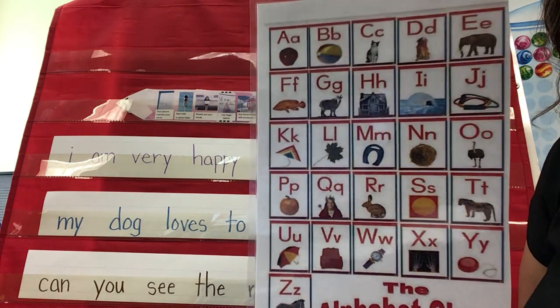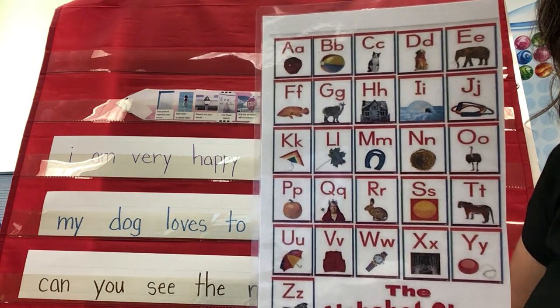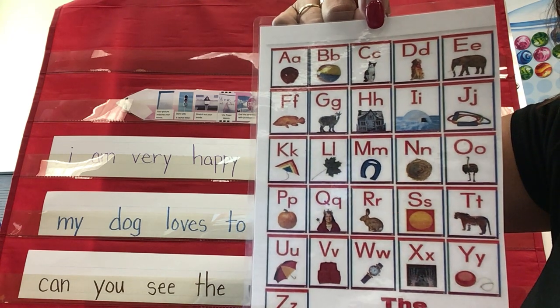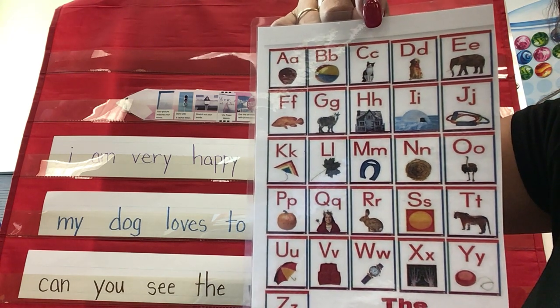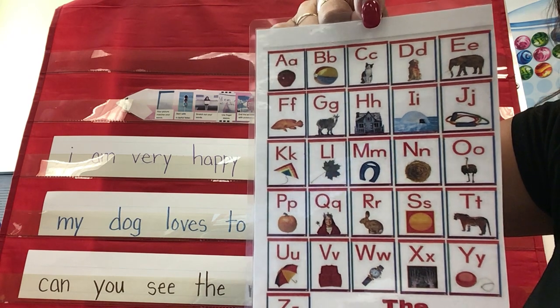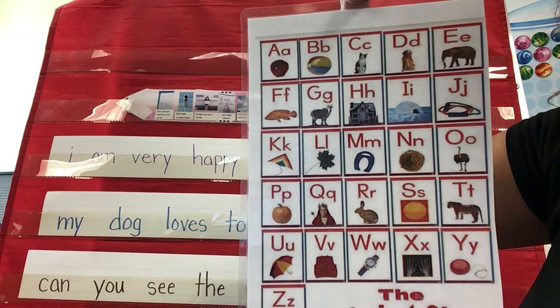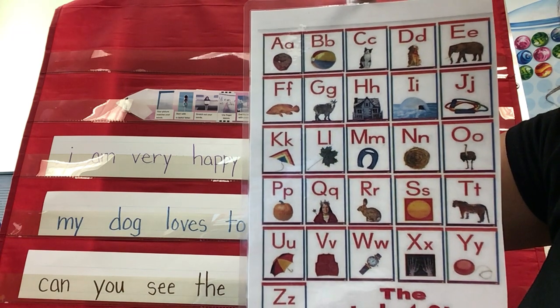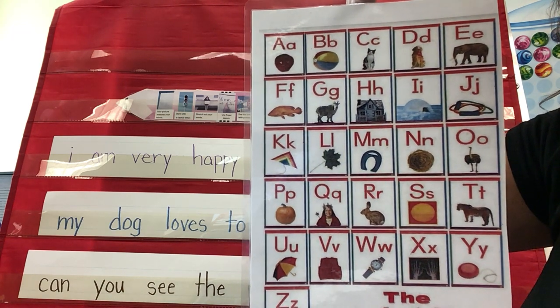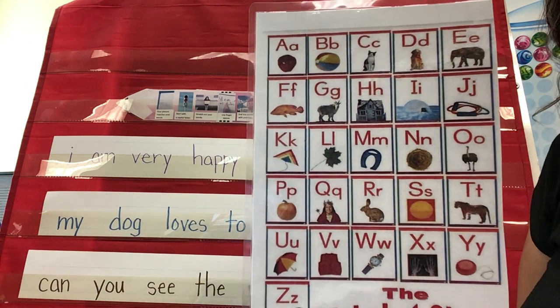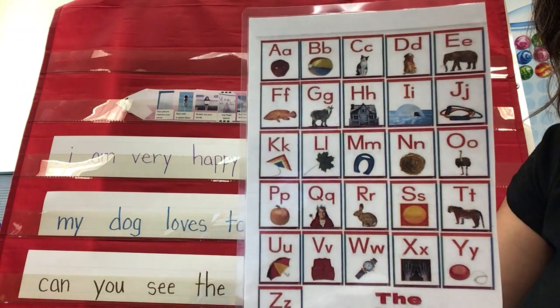Sometimes they look exactly the same as the lowercase. If you look at the C's, they look the same, but we want to make sure that the uppercase letter touches the baseline and the top line when we're writing. And if we don't have lines on our paper, then we want to make sure it's twice as big as the other letters.